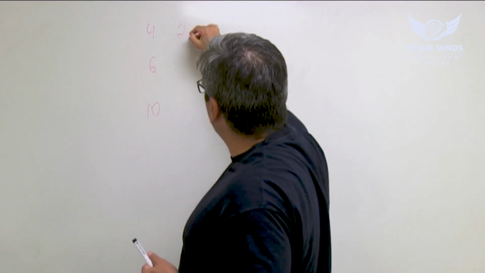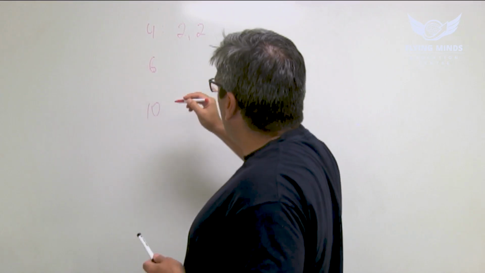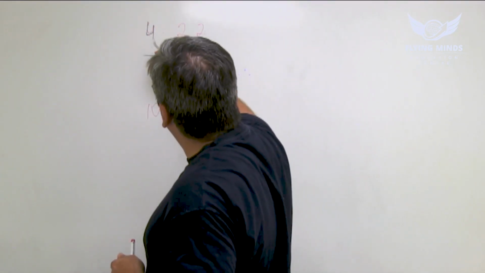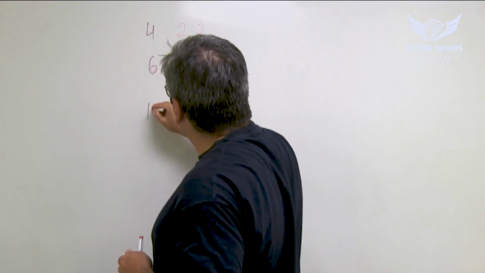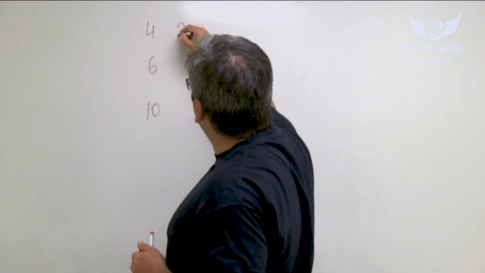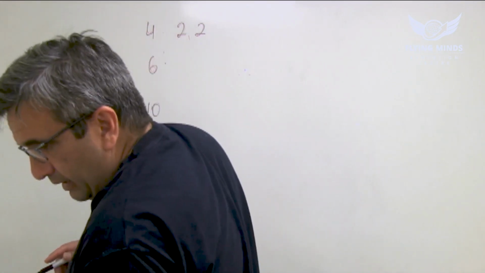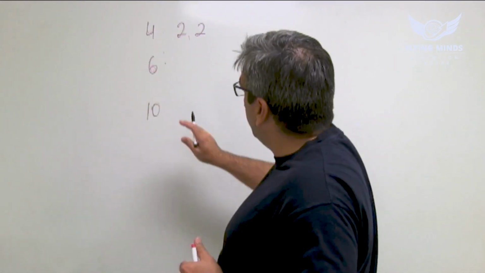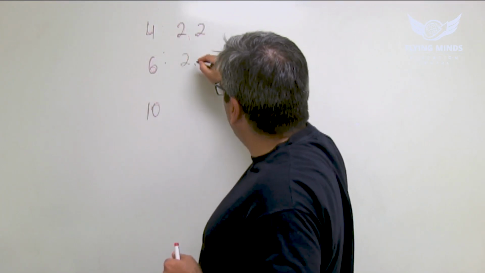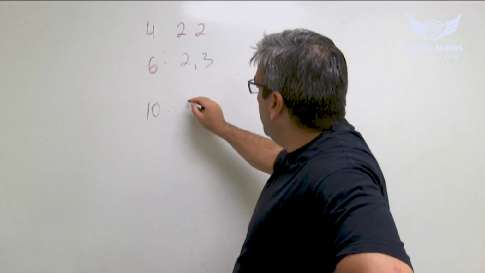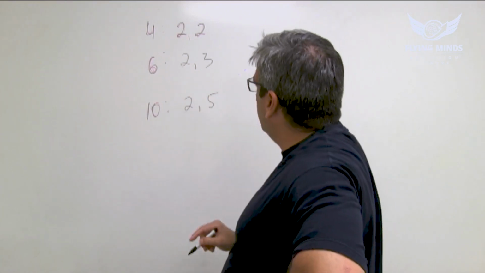For 4 it will be 2 and 2. For 6 it will be 2 and 3, and for 10 it will be 2 and 5, right?